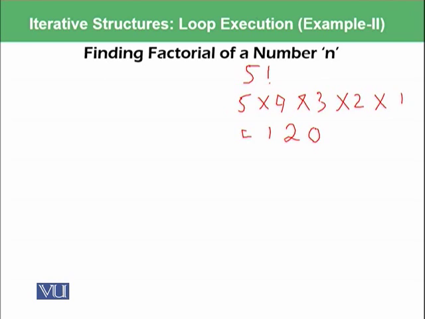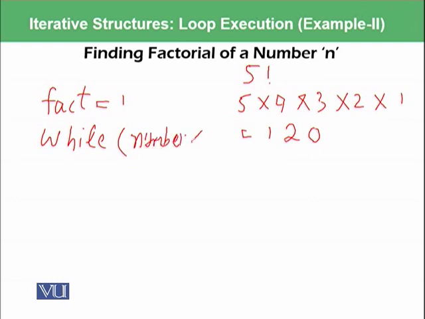First of all, we can define fact, which is assigned initially the value of 1, and then we can say while number is less than equal to n, and n is basically the number for which we want to calculate the factorial, and in our case n is 5.